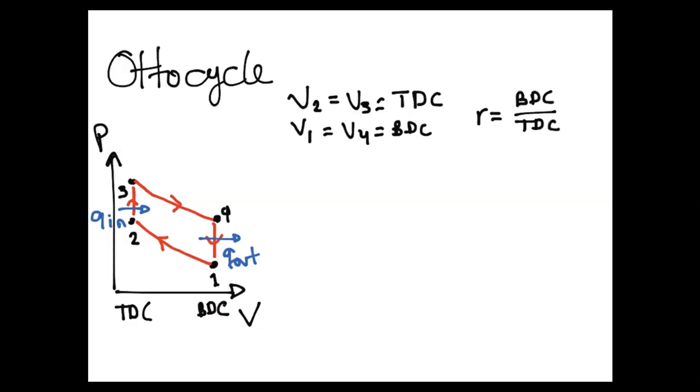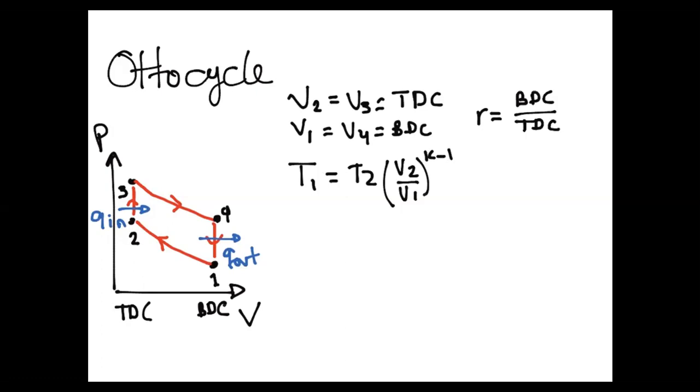The fact that from 1 to 2 we have an isentropic compression will yield that the temperature 1 equals the temperature 2 times V2 over V1 to the k minus 1.